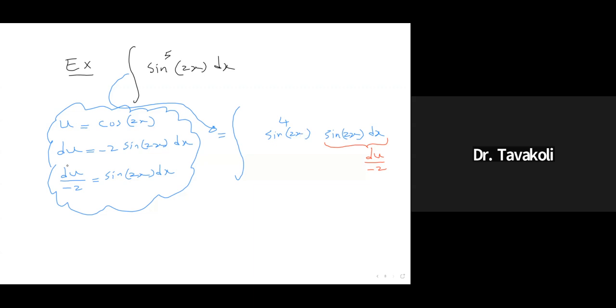We know that sine to the 4 is sine squared, squared, right? And sine squared is 1 minus cosine squared.